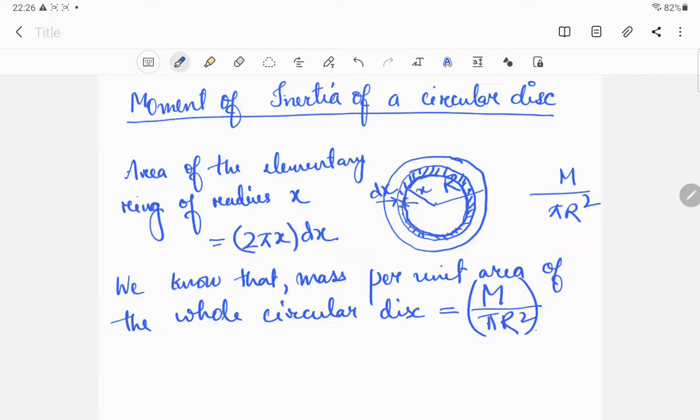Now we know that the area of the elementary ring of radius x and thickness dx is twice pi x dx.